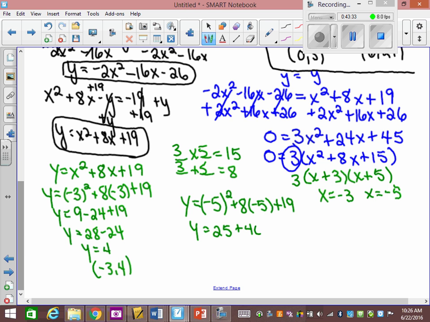25 plus 40 plus 19. Oh my goodness, minus 40. That's better. So 25 plus 19 is 44, minus 40 is negative what? Starts with an S, rhymes with tricks.